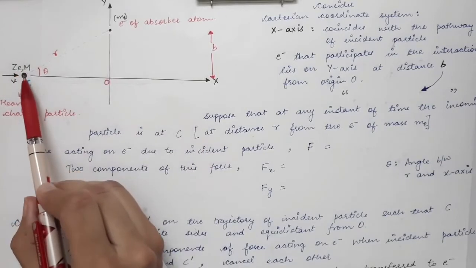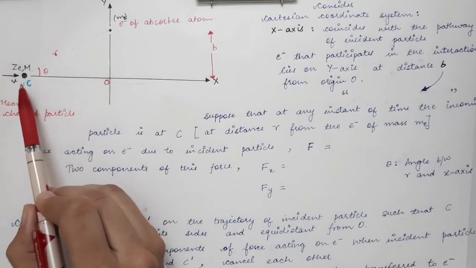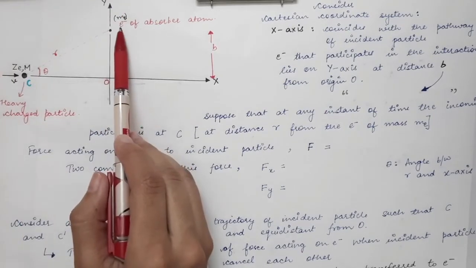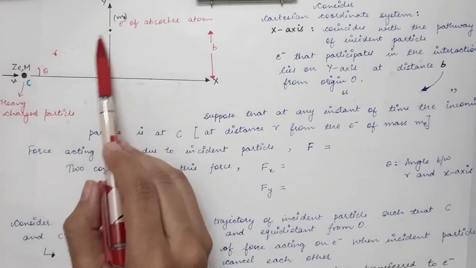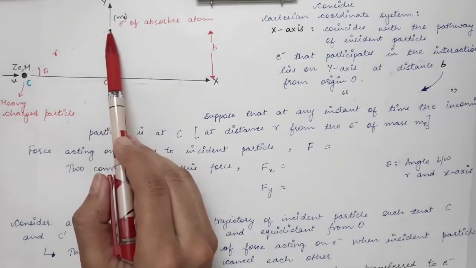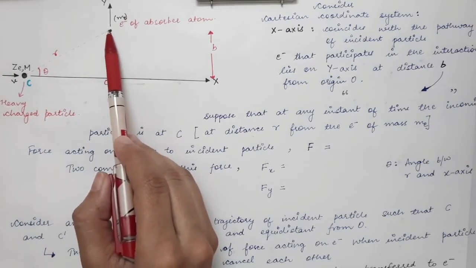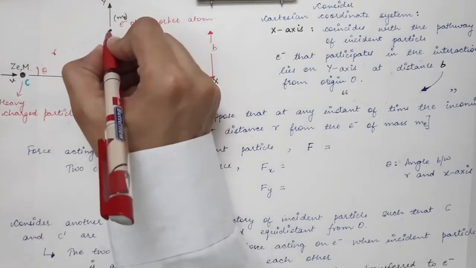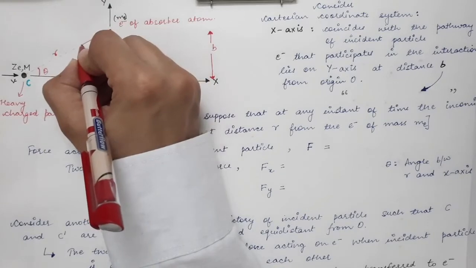Since the heavy charged particle, which can be an alpha particle, proton or deuteron, has a positive charge and the electron is negatively charged, there will be an attractive force. So the force on this electron will be experienced along this direction.